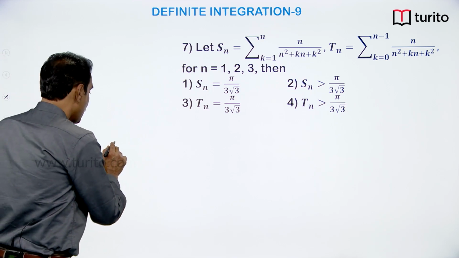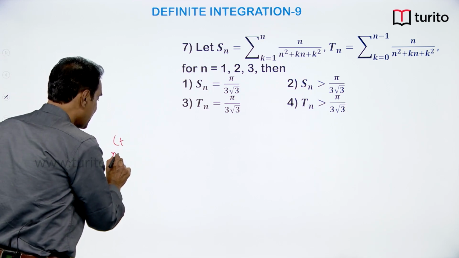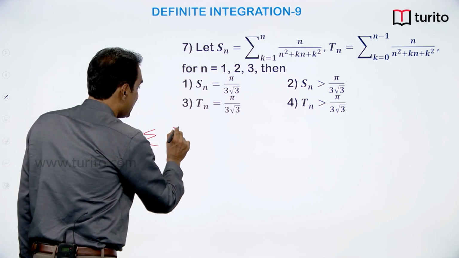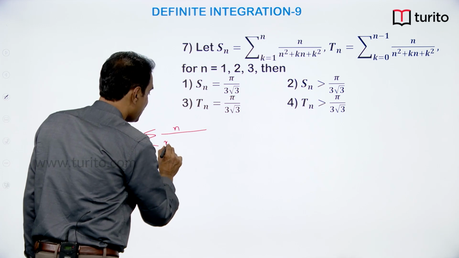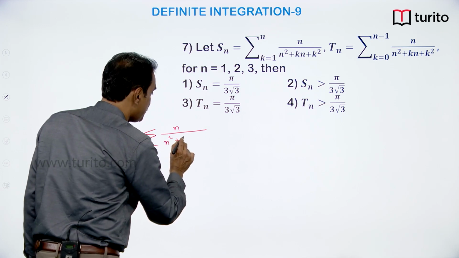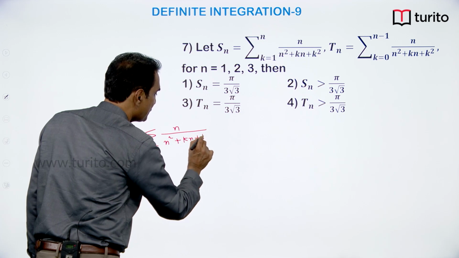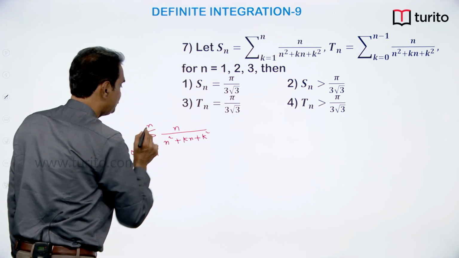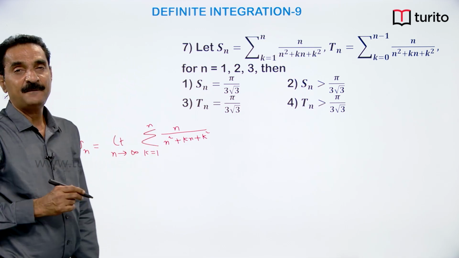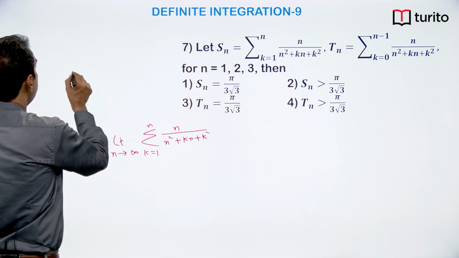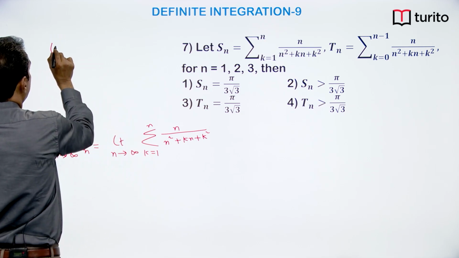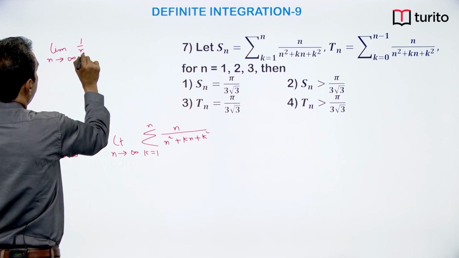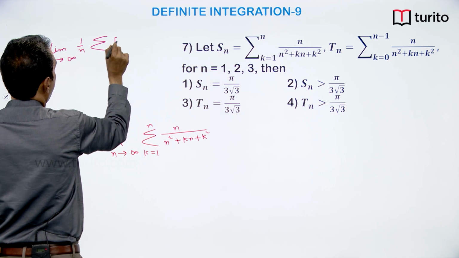It is equal to limit as n tends to infinity of sigma n by (n square plus kn plus k square), k varies from 1 to n. In definite integral as the limit of a sum, what is our formula? Limit n tends to infinity 1 by n sigma f of r by n.